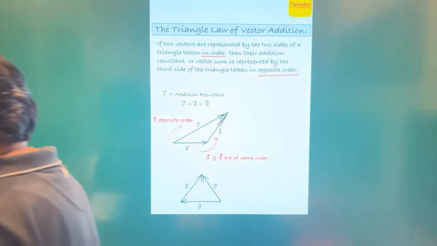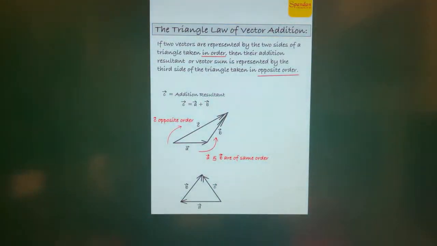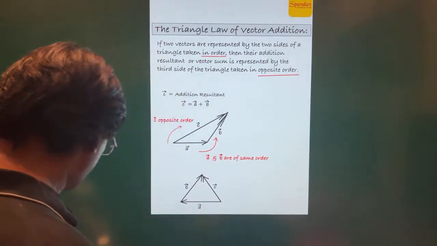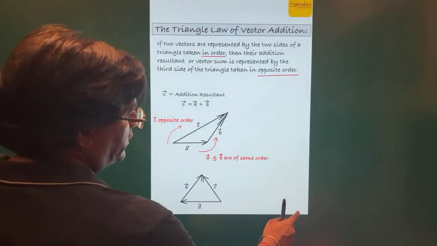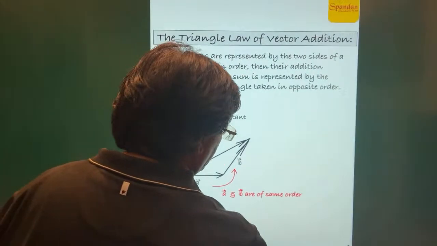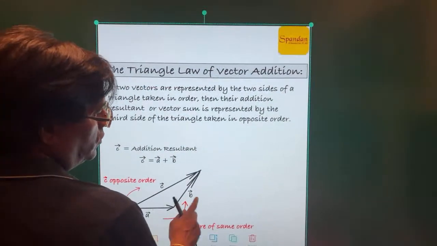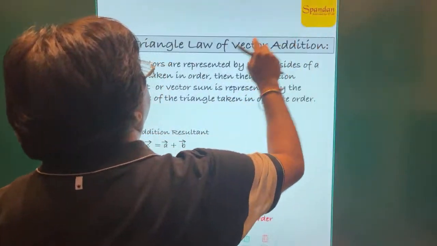Next we will see the triangle of vector addition. Now we will understand how a vector is added. For this there is a law that is called triangle law of vector addition.